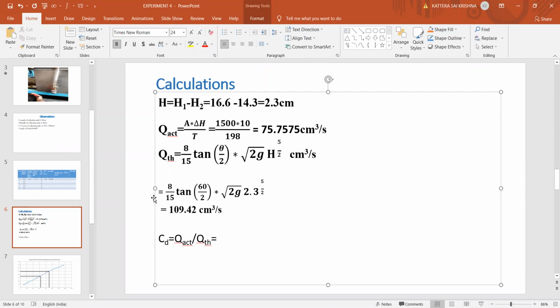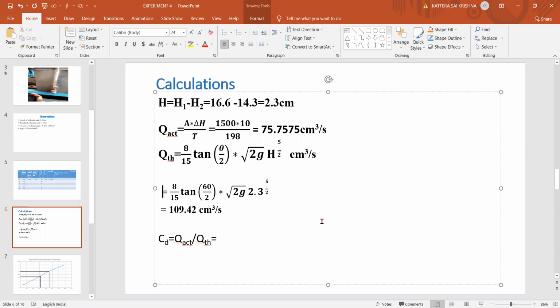Yes, any others, you can check whether 109.42 is right or not. And you can write this calculation part also. This will be your model calculation part, which you will write in your record. For the model calculation, you can use either your first reading or your second reading or any one of your 5 readings.